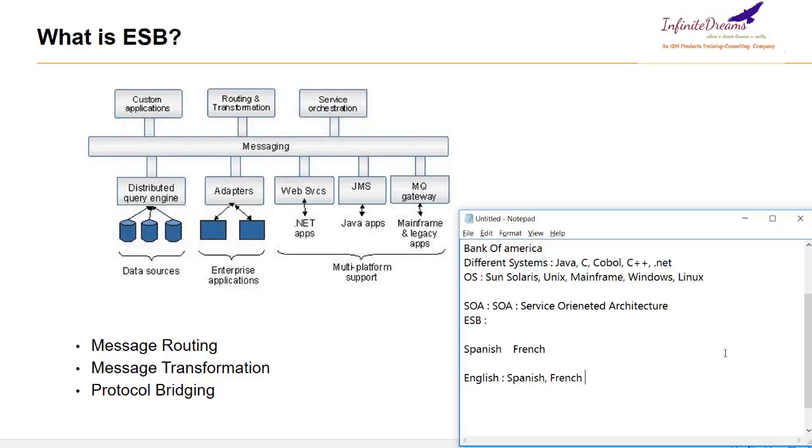Now when the Spanish guy sends a message in Spanish, the English guy says, no problem, I can understand Spanish, so he will understand the Spanish message. He will internally convert the Spanish message to a French message and deliver that French message to the French guy. Now the French guy can understand because the message has come in French.